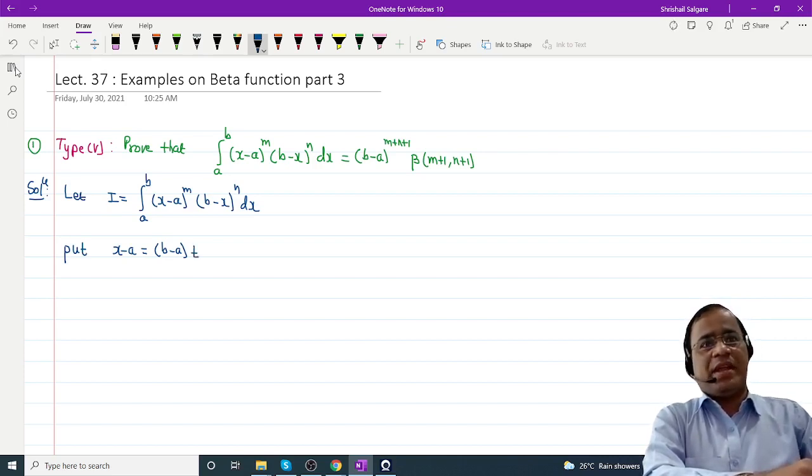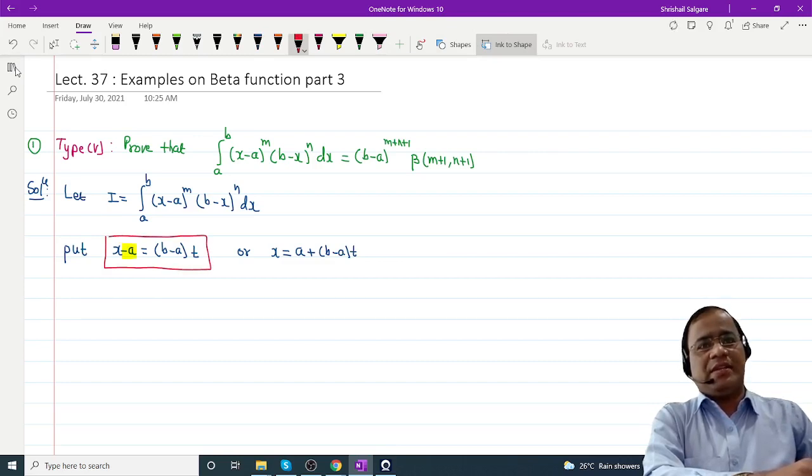This is a way to identify the substitution, or the same thing you can write, and this we can treat as the actual substitution. x is equal to a, I will transfer to the right side, that minus becomes plus. This is x equals a plus b minus a into t. So remember, you can use the first while finding the limits, or the second.